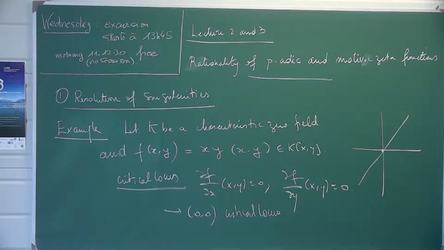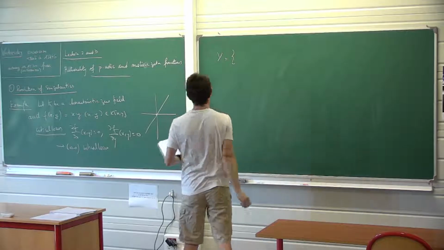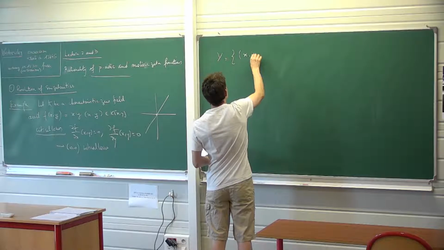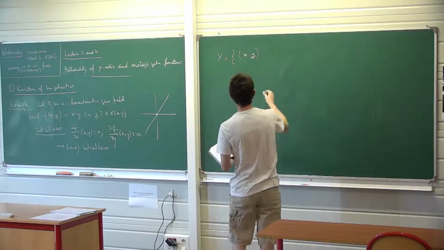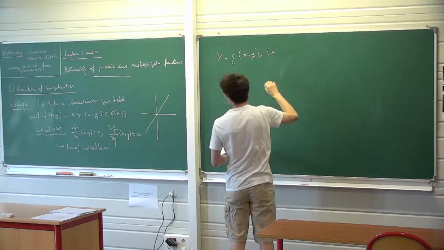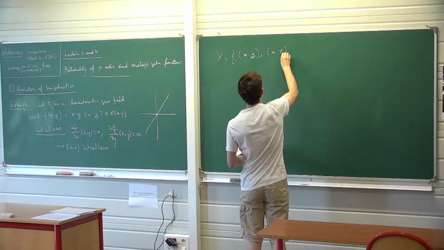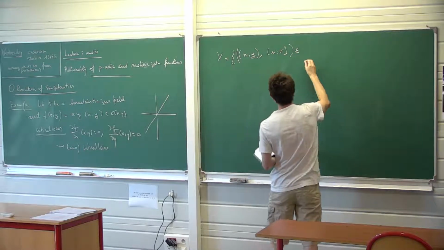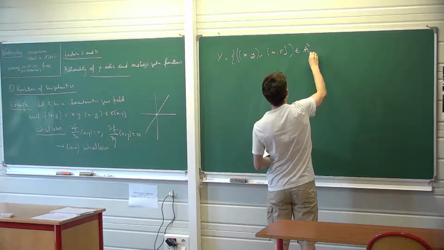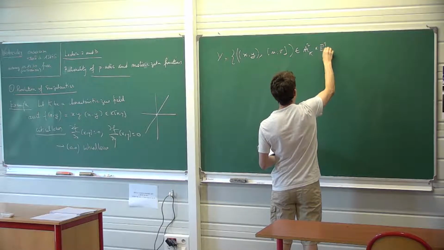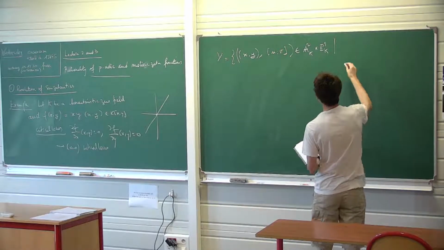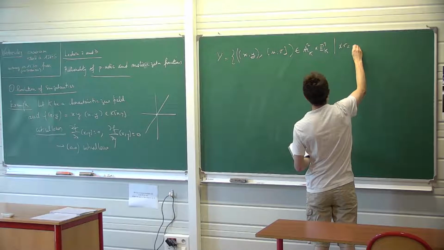Then I consider the following space Y, which was explained last week. Y will be a set of points in the plane, and you add also a point in the projective line, (u, v). So this is an element of the Cartesian product of the plane times the projective line, and you impose the following relation, which is xv equal to uy.